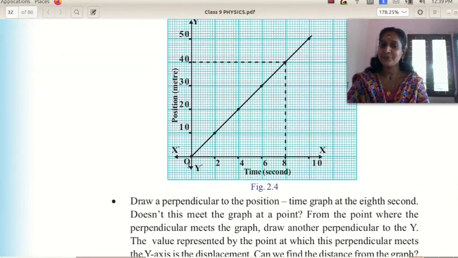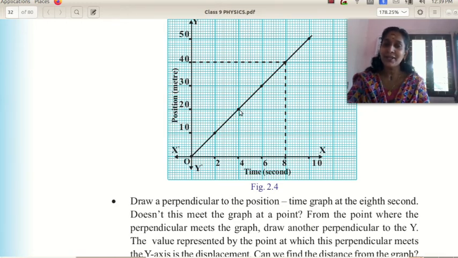Here in the x-axis time is taken. In the y-axis position is taken. At 0 second the position of the car is 0, isn't it? At the 2nd second it moved to 10 meter. At the 4th second it moved to 20 meter.